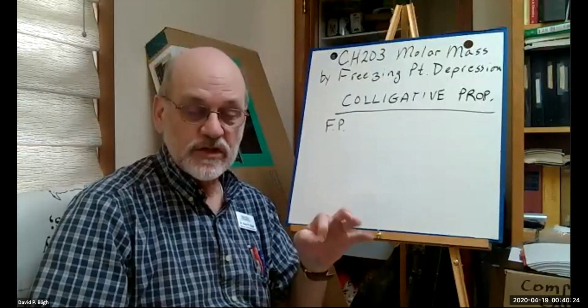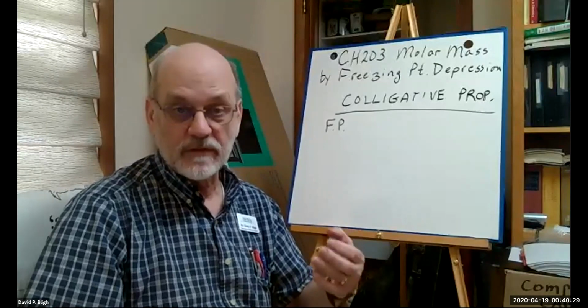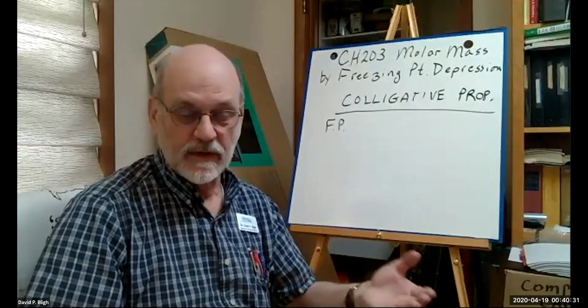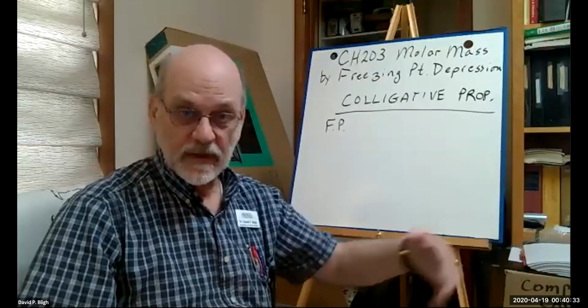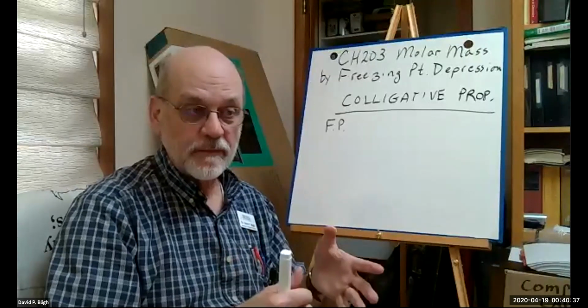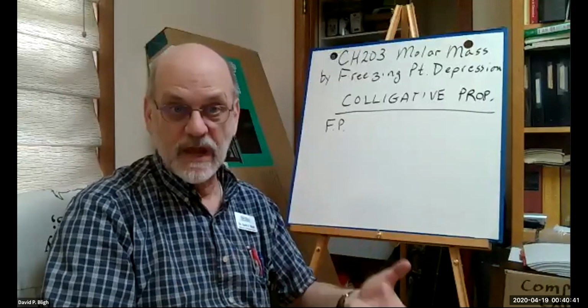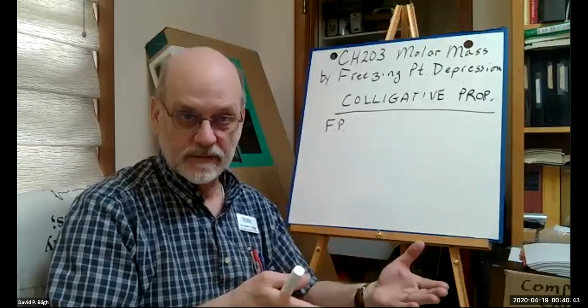The only thing that would change is if you change the solvent, which is lauric acid. If you change it to some other solvent, then the colligative property still holds, but the quantitative measure is a bit different.